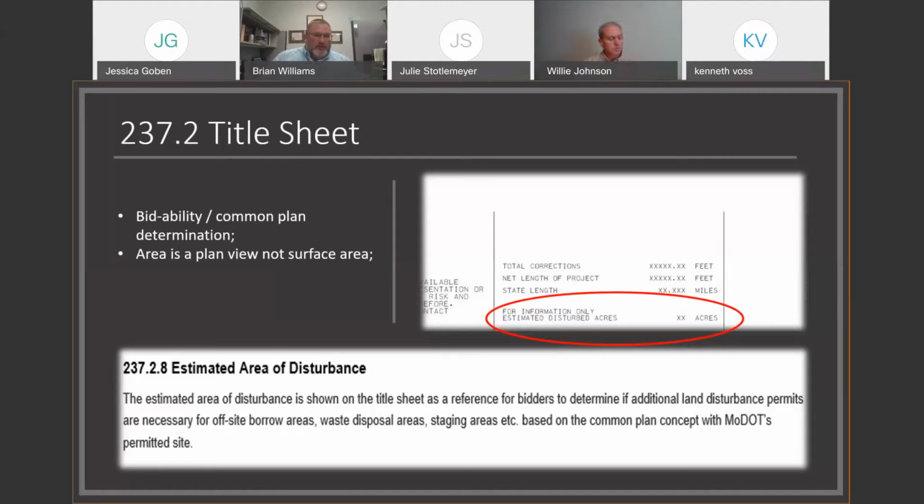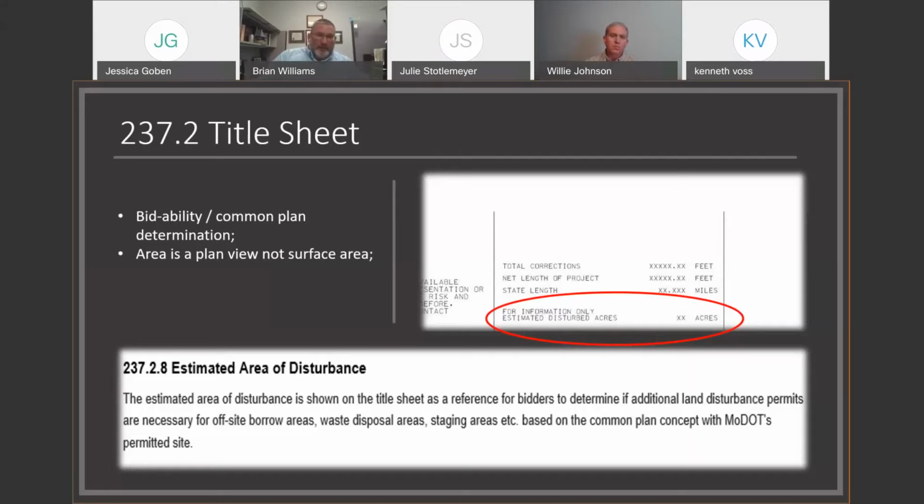Now, the cost to the contractor for a permit is pretty small. I mean, we're talking for a permit that is 1 to 5 acres is $300. They're not a big cost, but the major cost to the contractor is they're responsible for the SWPPP on those projects or on those locations, on those support activities.